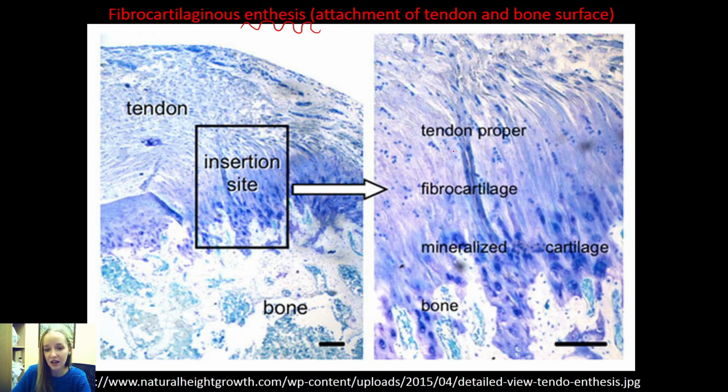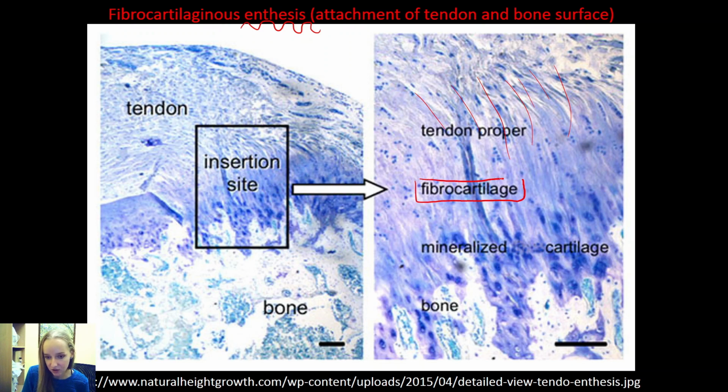It's fibrocartilaginous right here, so we can see the tendon, the dense regular connective tissue, really. What we can see here is that there is not just this tendon and then a bone, but there is a fibrocartilage here.